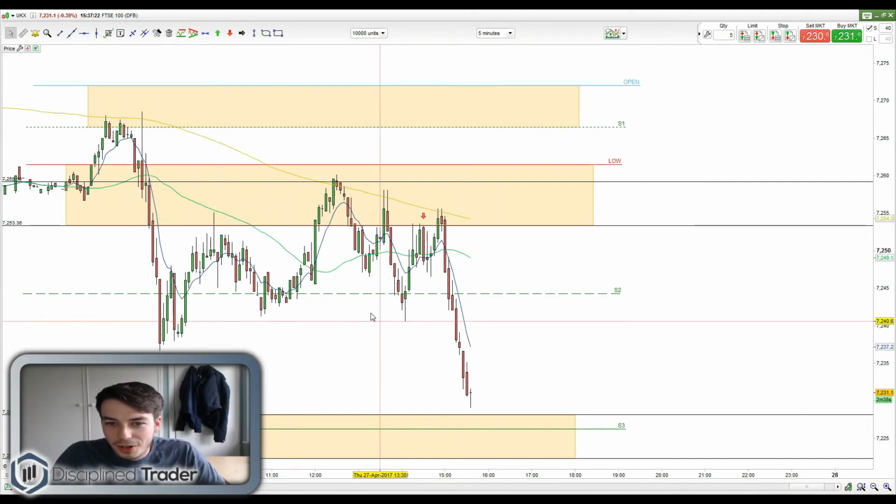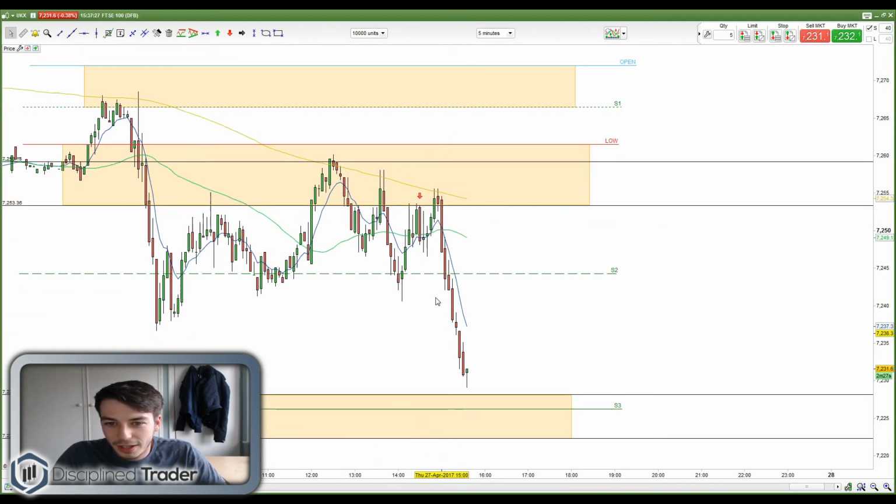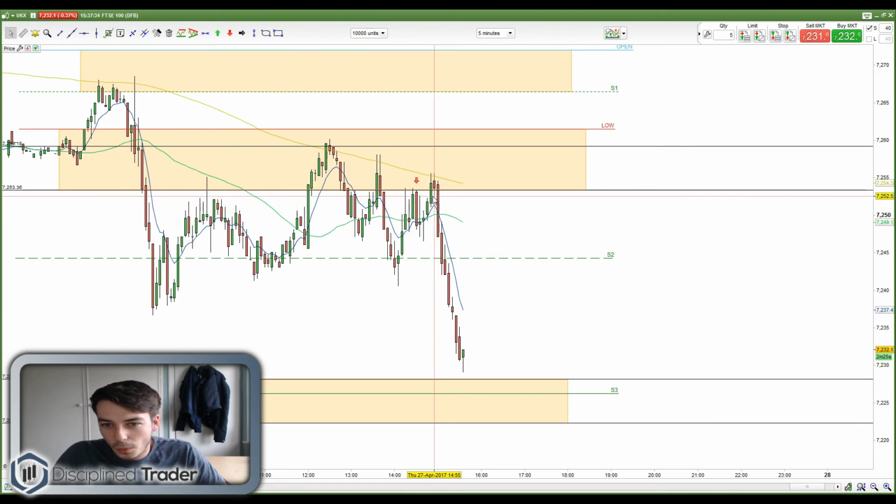Okay, so not the result I was expecting, to be honest. After we got into the trade up here, I genuinely thought that that was going to stop me out, but it moved swiftly down, and this is what I was talking about earlier, where it moves with a sort of purpose. There are no real pullbacks in this move down to this area, and that tends to be what I look for when I see the signals from the areas that I'm looking at.